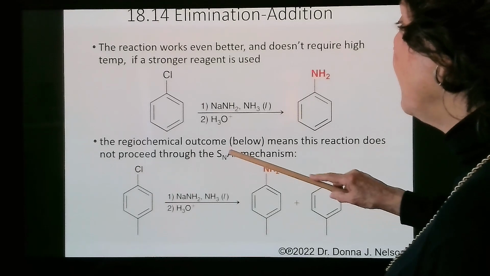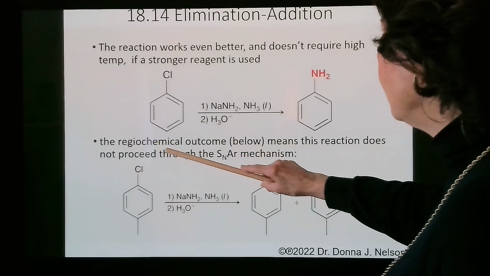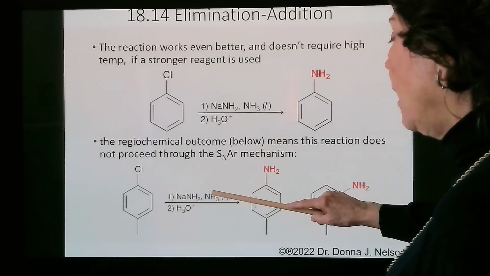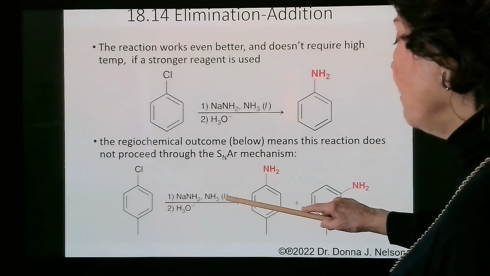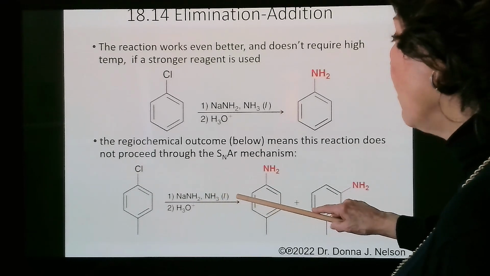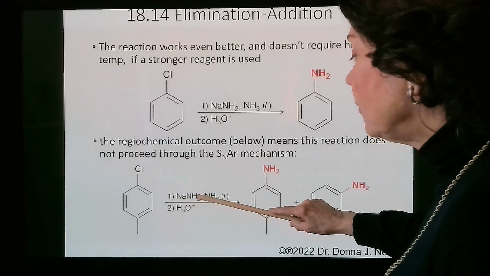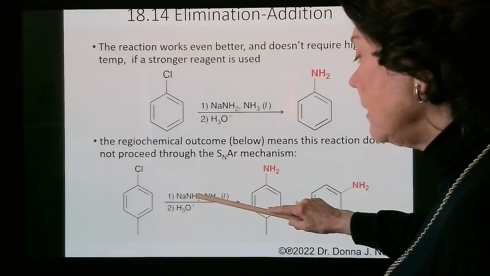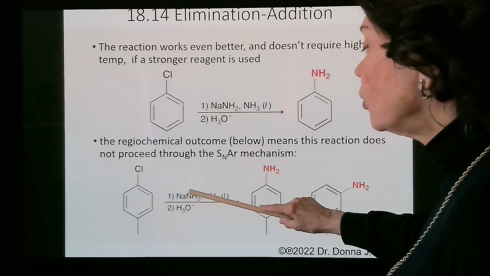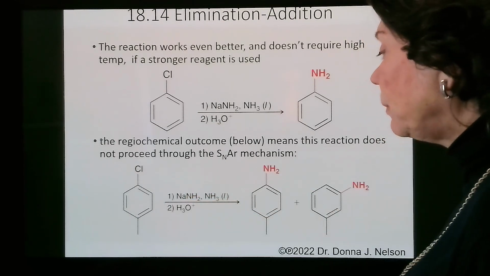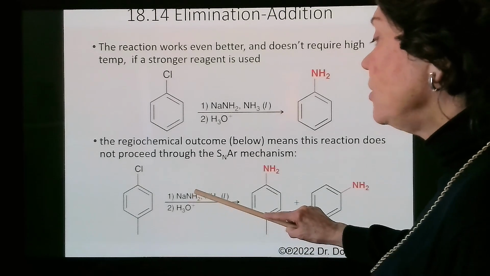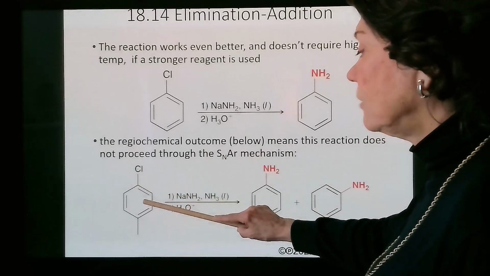What happens is you don't go through that other mechanism. What happens now is that you've got, notice, an amide, and so this is a very strong base. And so what happens is it actually deprotonates the reactant.